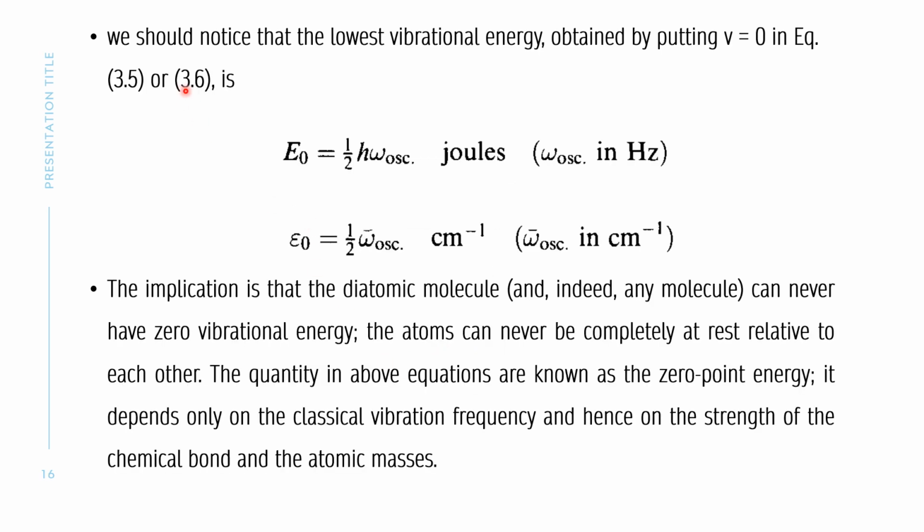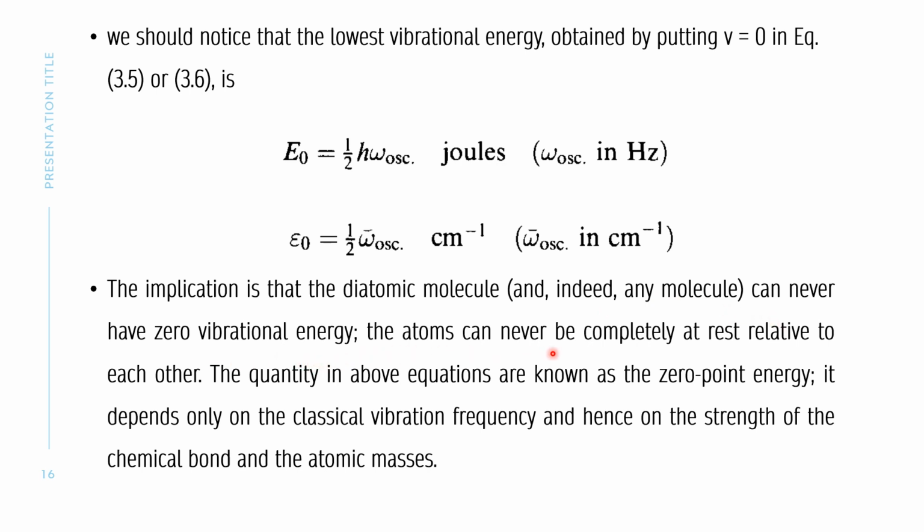We should notice that the lowest vibrational energy, obtained by putting V is equal to 0 in equation 3.5 or 3.6, is half H omega OSC in joules, and E naught is equal to 1 over 2 omega bar OSC centimeter inverse. The implication is that the diatomic molecule, and indeed any molecule, can never have zero vibrational energy.